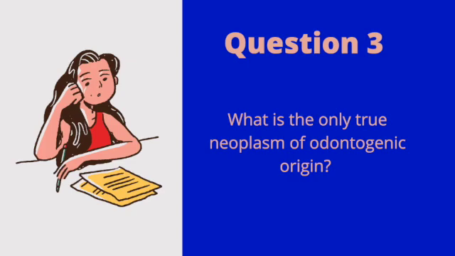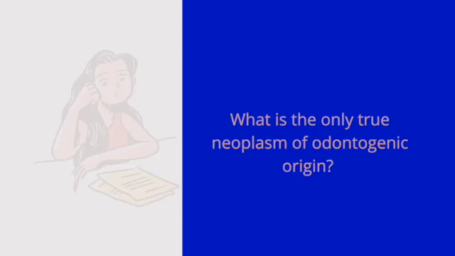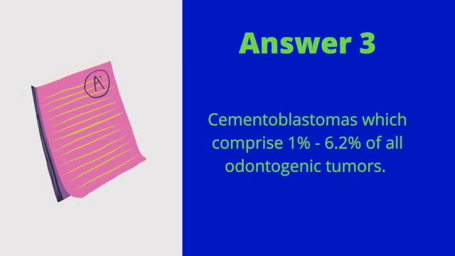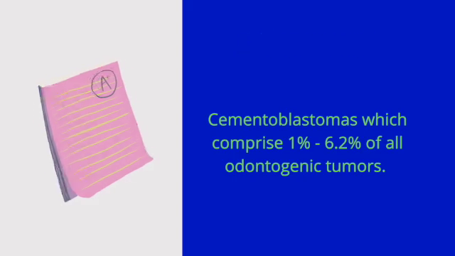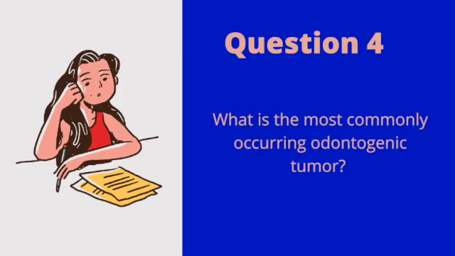Question 3. What is the only true neoplasm of odontogenic origin? Cementoblastomas, which comprise 1% to 6.2% of all odontogenic tumors. Question 4. What is the most commonly occurring odontogenic tumor?